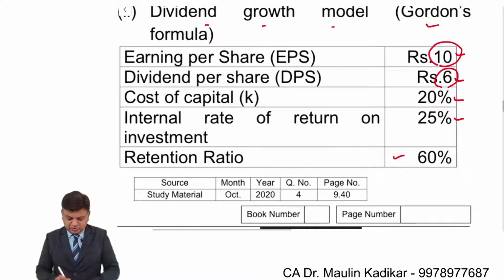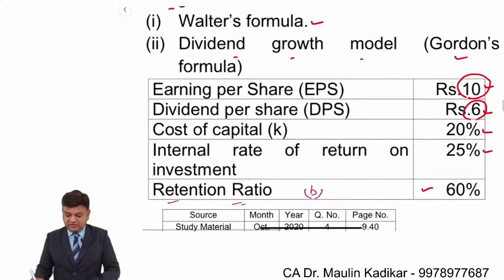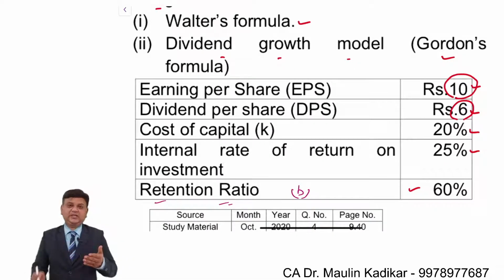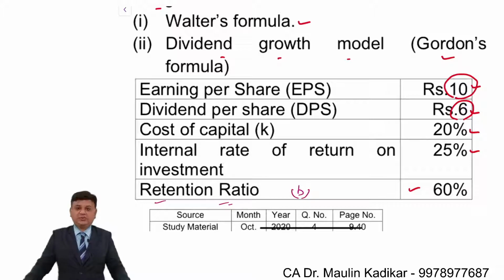Now the question is also providing the retention ratio. That is 0.60. So I hope that you can understand. So there is an internal mismatch in the question. Whatever the dividend per share which is given to us in the question, based on that, if I compute the retention ratio, it is different than the retention ratio which has been given to us in the question.